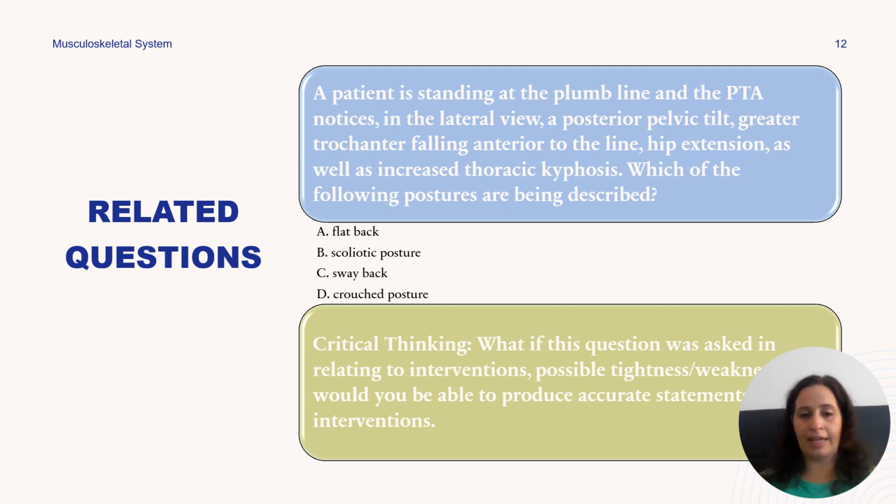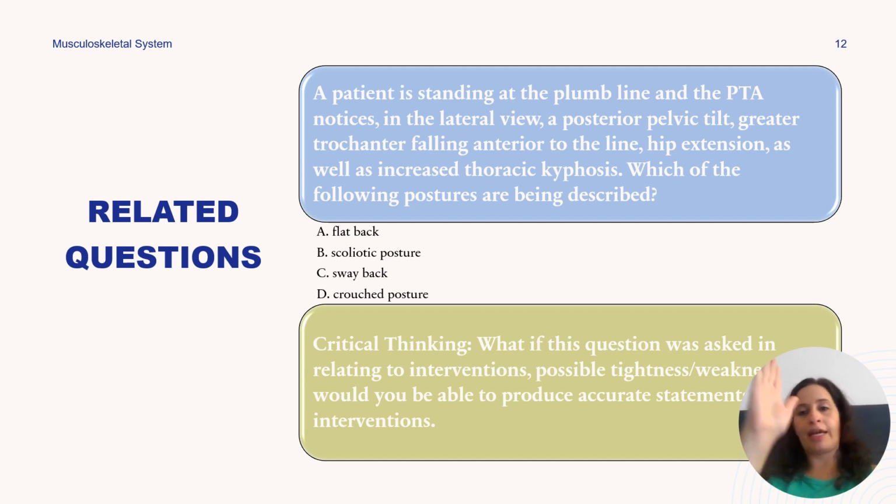Flat back and sway back, as I told you, are very similar in regards to what they look like. However, the thoracic kyphosis is what leads me to say sway back, because with flat back, you have the posterior pelvic tilt and the hip extension, but your upper back is not involved.